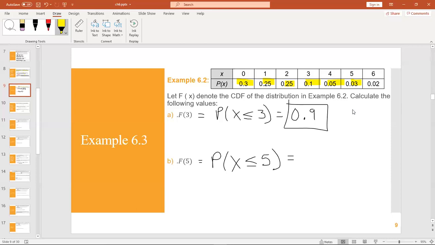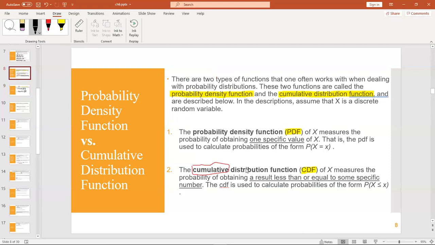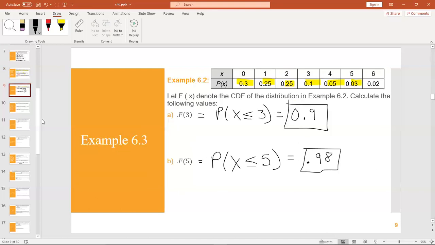Since there's only one value left, you could use the complement if you wanted to, which is where you do 1 minus the one excluded value. 1 minus 0.02 is going to tell you that the answer is 0.98. Or you could, again, just add up all of those numbers individually, and that'll also give you 0.98. But that is the cumulative distribution function, or cumulative density function. Cumulative distribution function for 5.